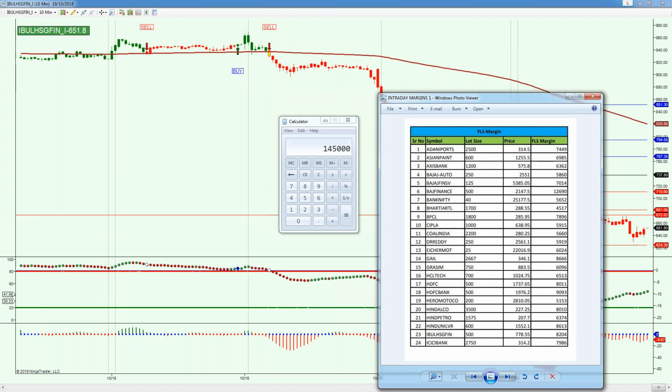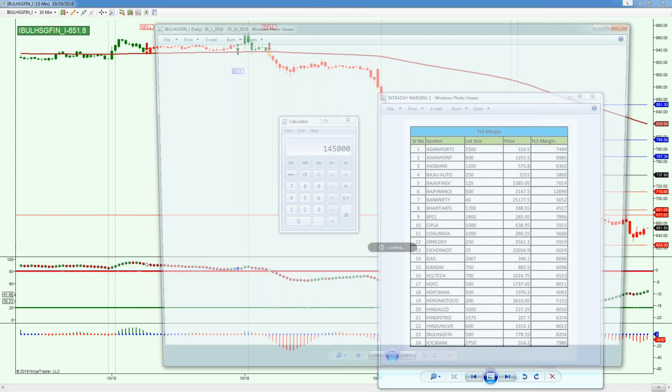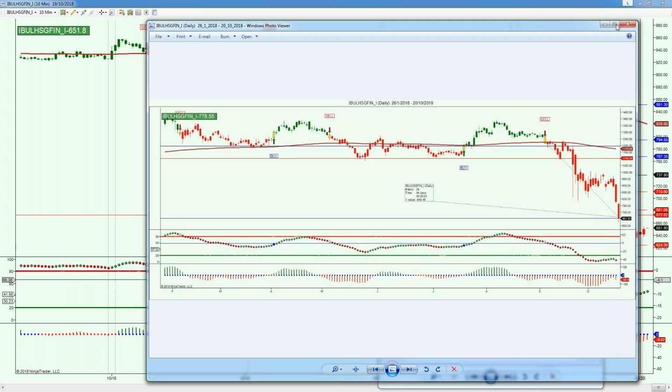And this is my daily chart. So every candle here represents one particular day.